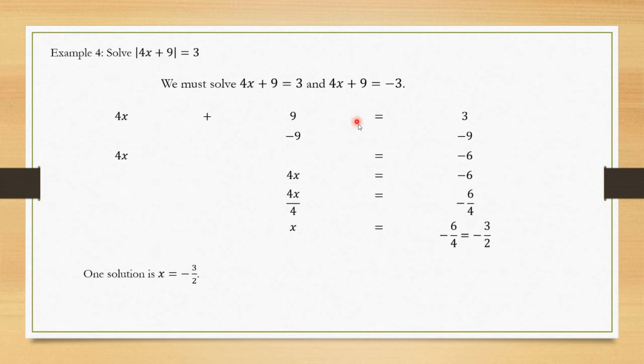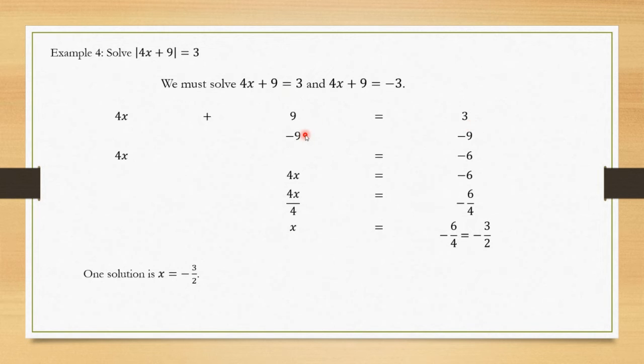Okay, so for the first equation, how do we get x all alone? We have 4x plus 9 is 3. How do we get x? Subtract 9, right? We want to get x all alone, so we want to get the 9 out of there. Well, let's subtract 9 from both sides.